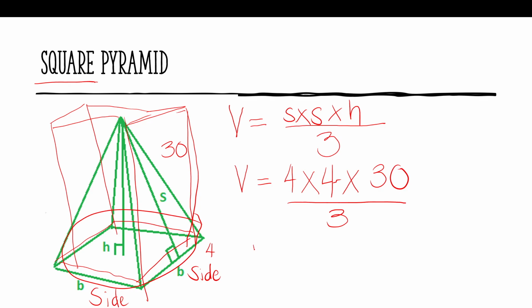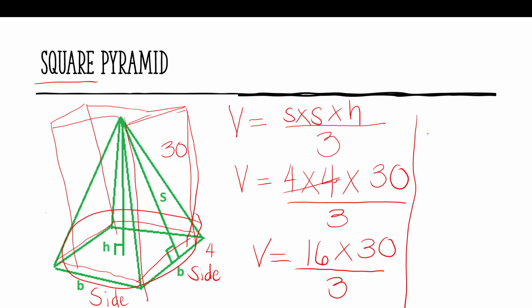And then, kuhanin natin yung final answer. 4 times 4 is 16. So, wala na to. And then, ibababa lang natin yung hindi natin nagamit, which is 30. So, we have 16 times 30. Hatiin natin ito. Lagyan natin yung calculation dito.